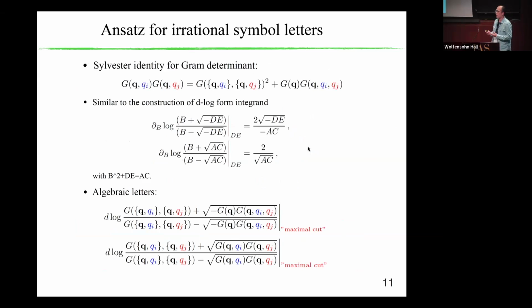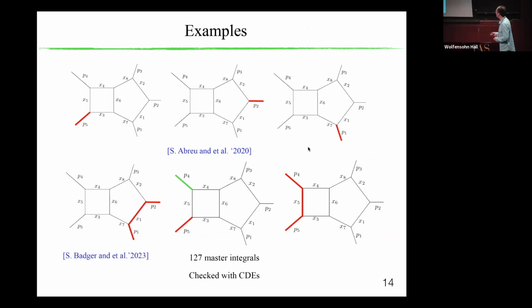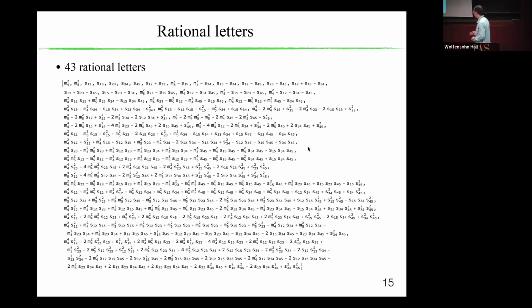And for the case with higher-order polynomial, it is okay. Maybe we can just look at this example. Sorry, I can't find it, but in some cases, there should be some masses to the fourth power or something like that. So it is still possible to construct this kind of letters.